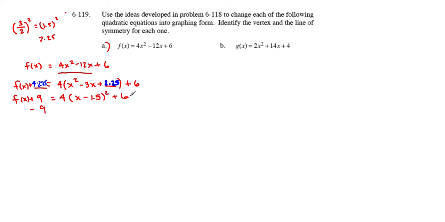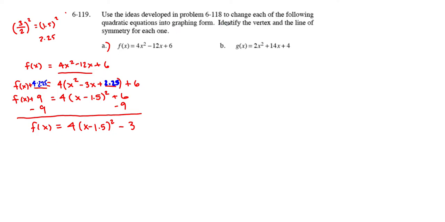Subtract our 9 from each side. And we get 4 times the quantity of x minus 1.5 squared, and we're going to subtract 3.